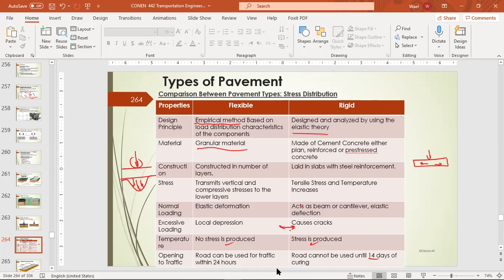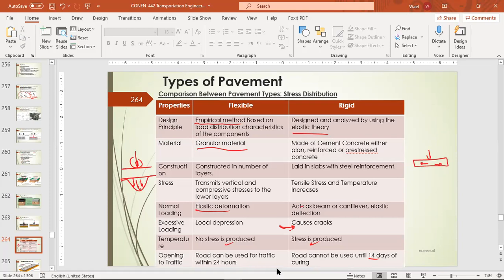For normal loading, there is an elastic deformation. For rigid pavement, it acts like a beam or cantilever, as we mentioned here.